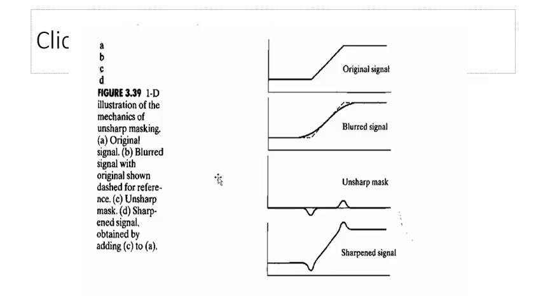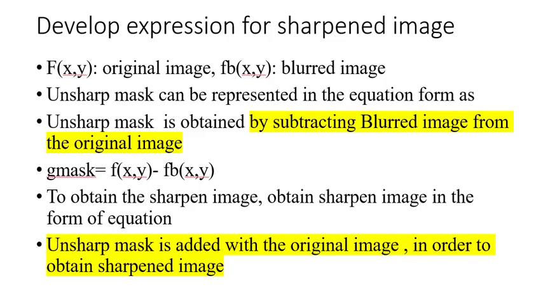In terms of the graph or the 1D illustration, this is the original image and this is the blurred image. When we subtract the blurred image from the original image, we get the unsharp mask. When the unsharp mask is again added to the original image, we get the sharpened signal. So f of x comma y is the original image, and fb of x comma y is the blurred image.